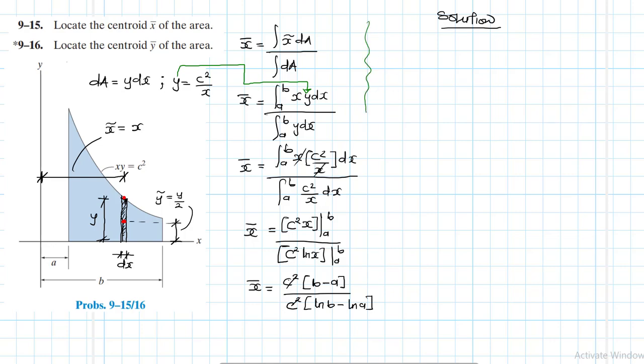Then finally we are going to have x bar equal to b minus a divided by ln b, natural log, remember, minus ln a. Okay, I think this is about it. This is the final solution for x bar, right?